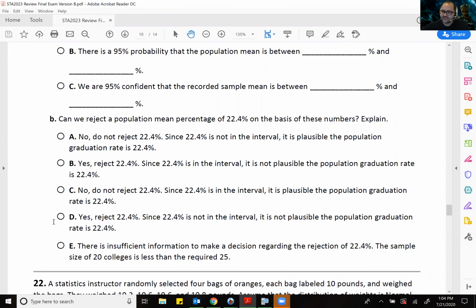So this one is D because it says, yes, reject 22.4%, since 22.4% is not in the interval.